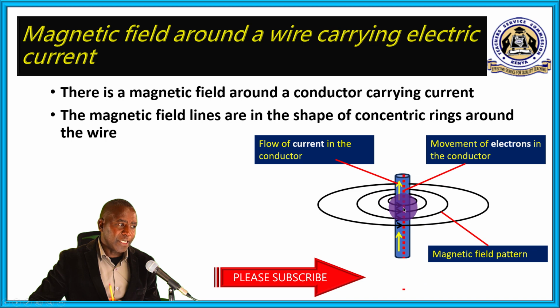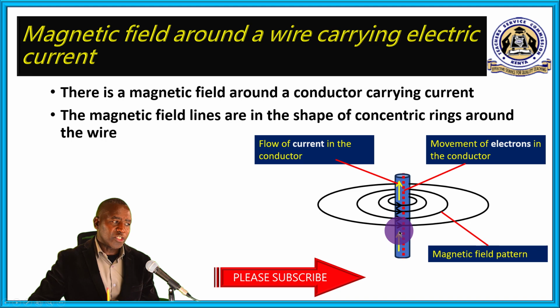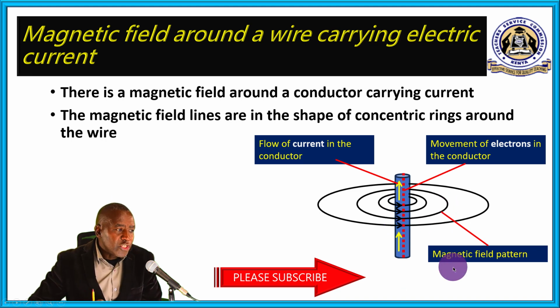The magnetic field lines direction is exactly the way this one shows. These concentric lines are magnetic field lines, so the field pattern is in the shape of concentric rings around the wire.